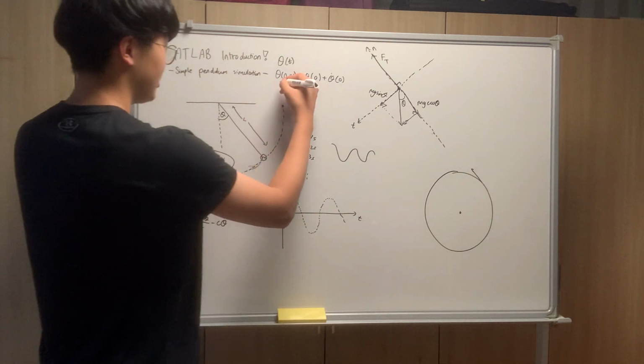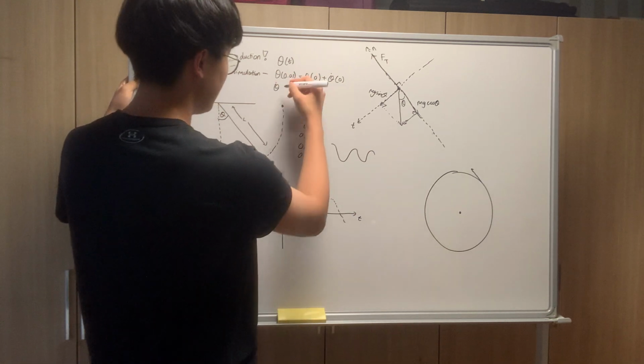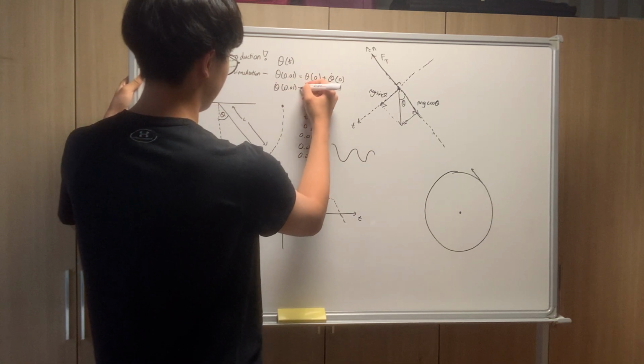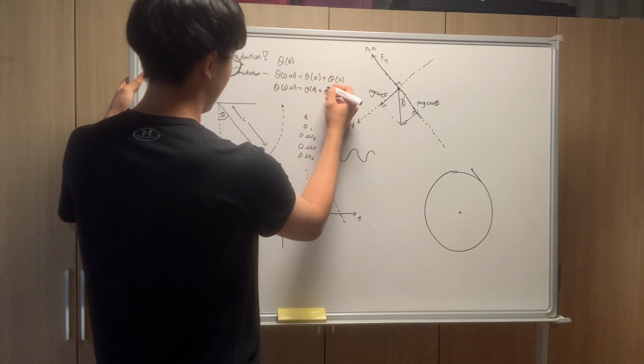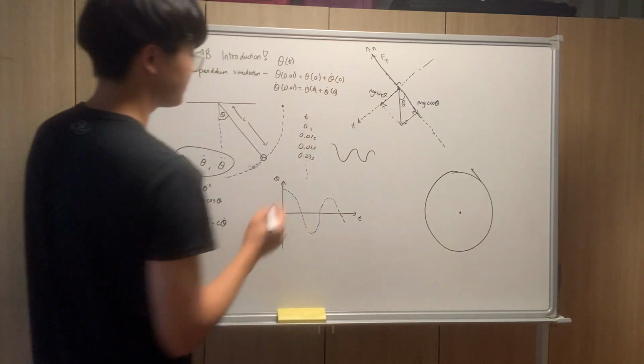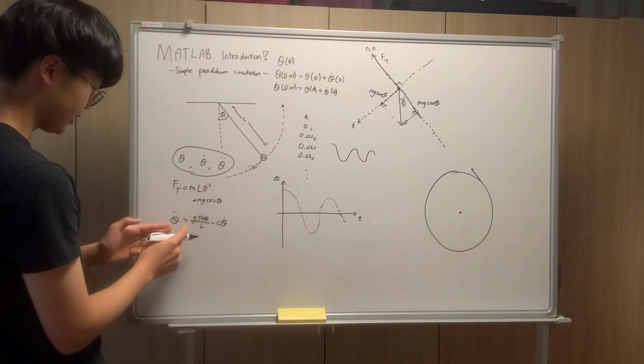And then we could do the same thing for theta dot. If you want to know what theta dot would be at 0.01 seconds, we get theta dot at 0 plus theta dot dot at 0. And theta dot dot at 0, we know it's this.